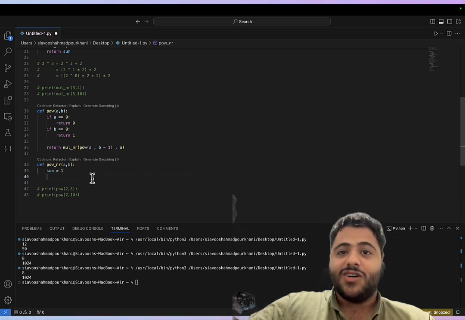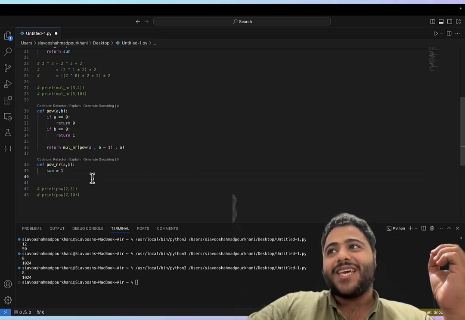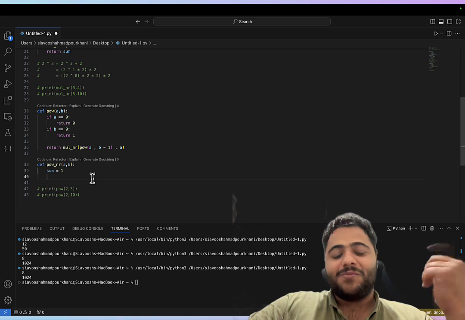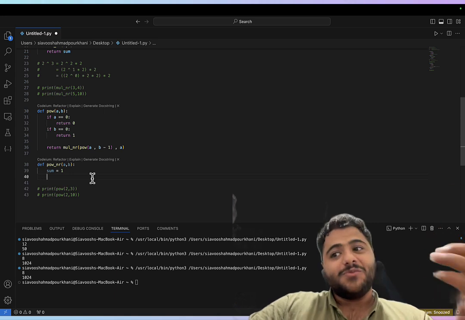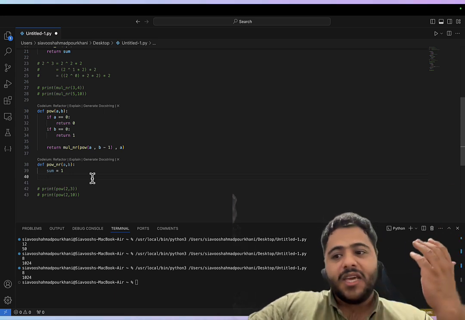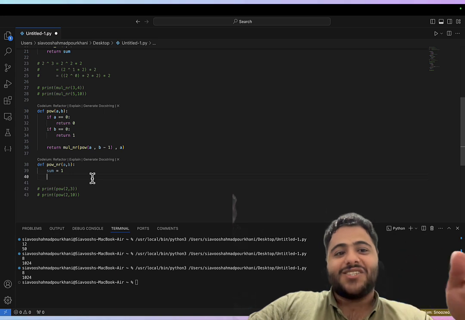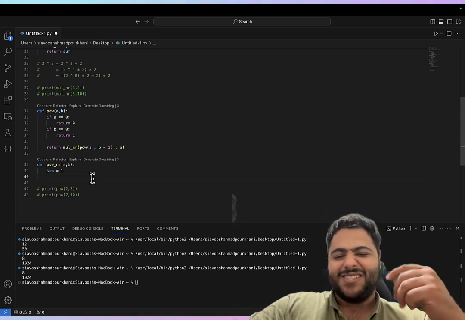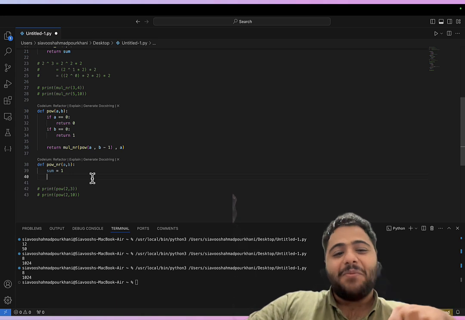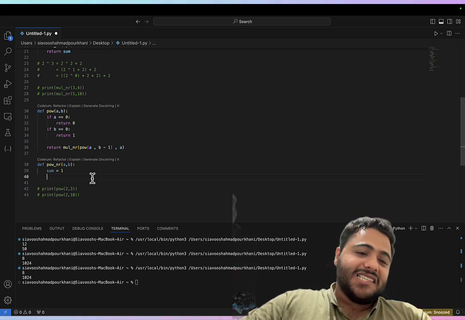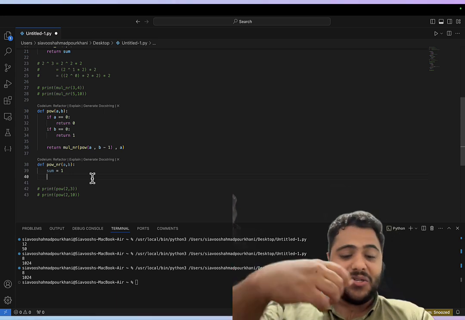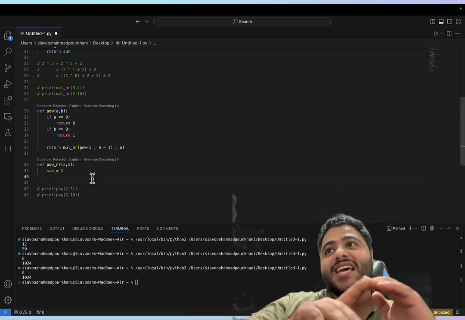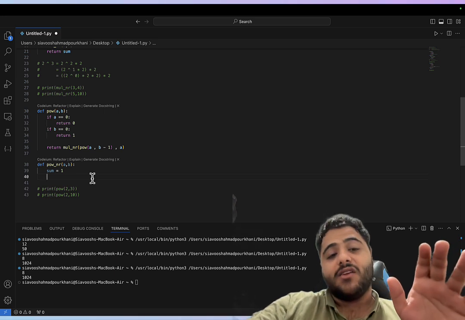So sum is equal to 1. That's an issue with me, that I try to pre-write code in my mind simultaneously while talking, and this causes some problems, some funny ones actually, that has happened here. So we imagine that sum is 1 at the start of this code, and let's just multiply a by itself b times.